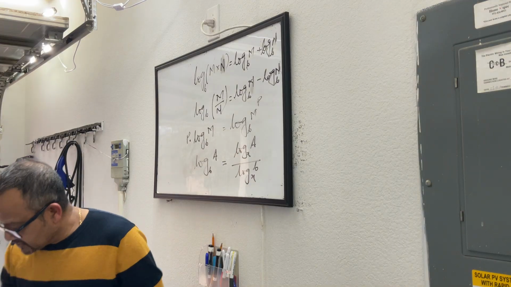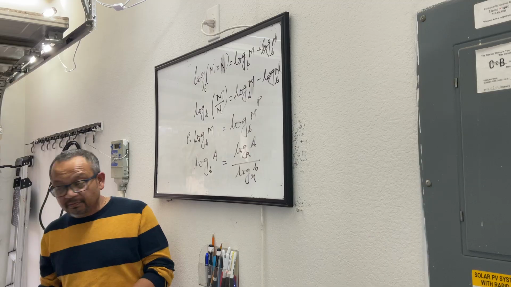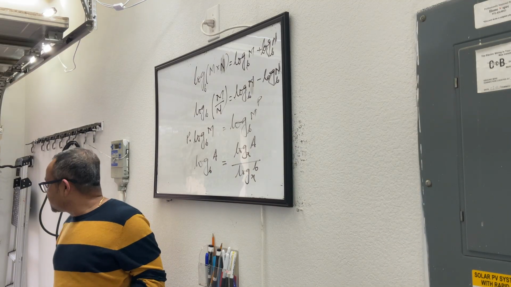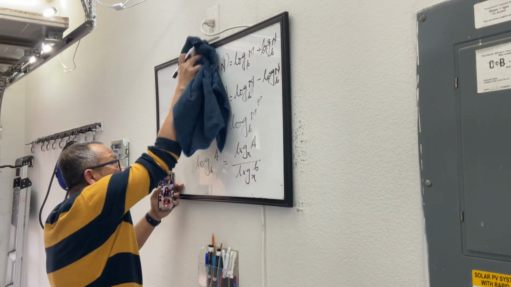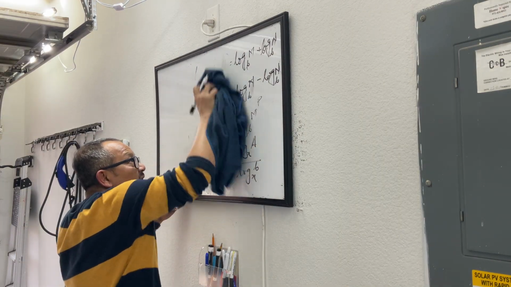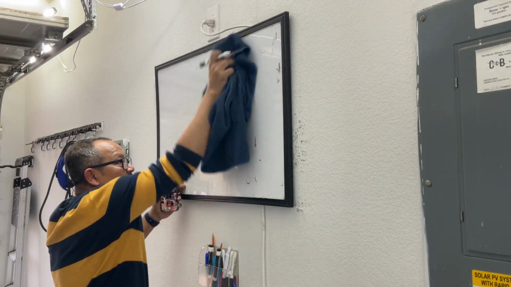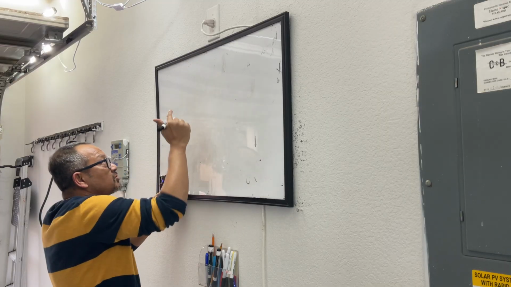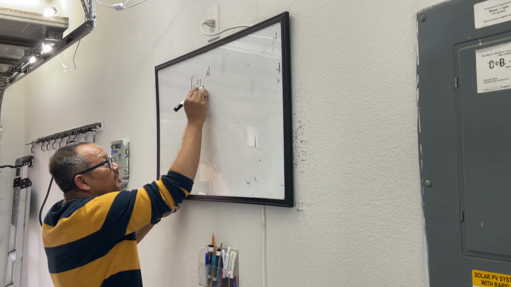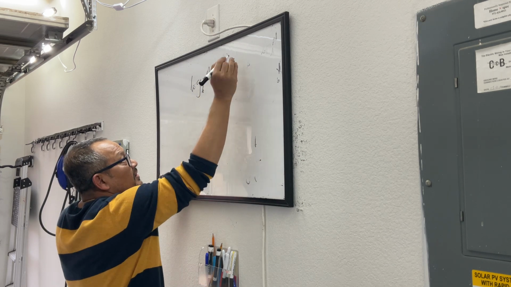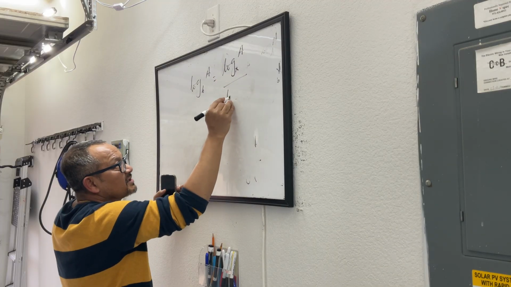Now what I want to do is, I want to see how we can jump onto some problems and see how these concepts or rules are helping us find out the value of things that would have been difficult to find out otherwise. But before we do that, let's look at one last rule where we talked about changing the base. Log of a base b equals log of a base, let's say common base x.